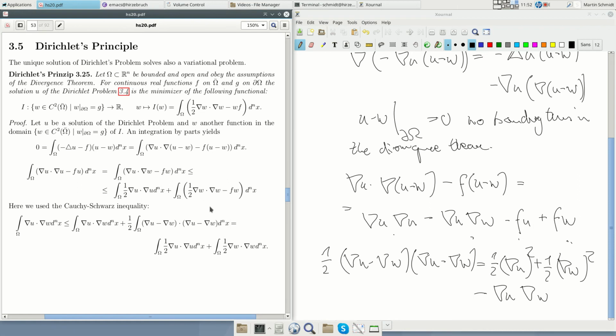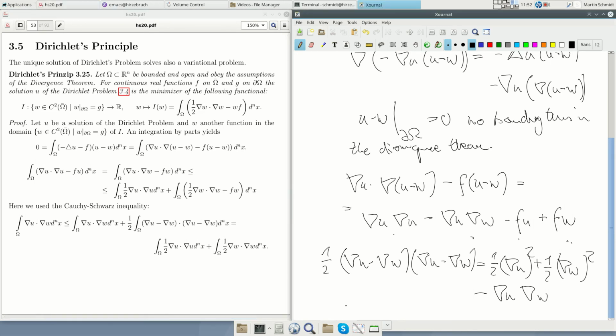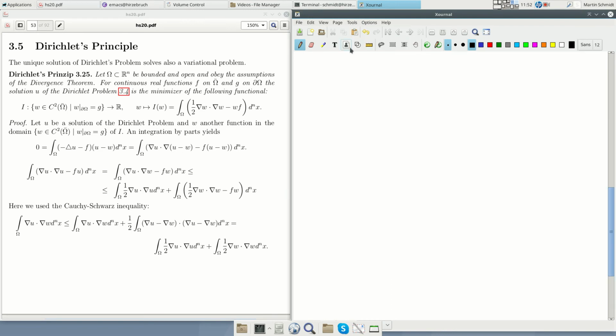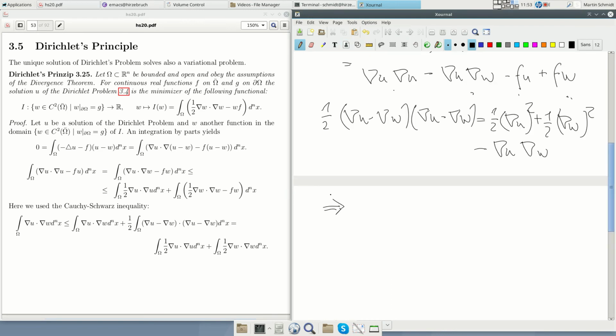Now observe, this term here is the functional evaluated at w. But this we can subtract from the left hand side, and then we see indeed this formula implies that I of u is smaller or equal to I of w, the functional.